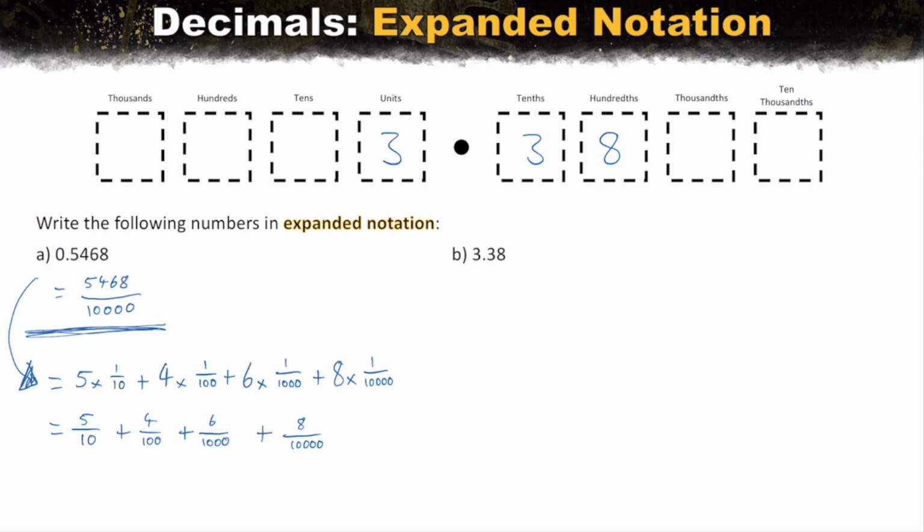So 3 wholes and 38 hundredths, which is going to be 3 of our ones plus 3 of our tenths plus 8 of our hundredths. 3 of our ones is 3, 3 of our tenths is 3 tenths, and 8 of our hundredths is 8 100ths. Once again, we've now got an expanded notation in the sum of its parts.